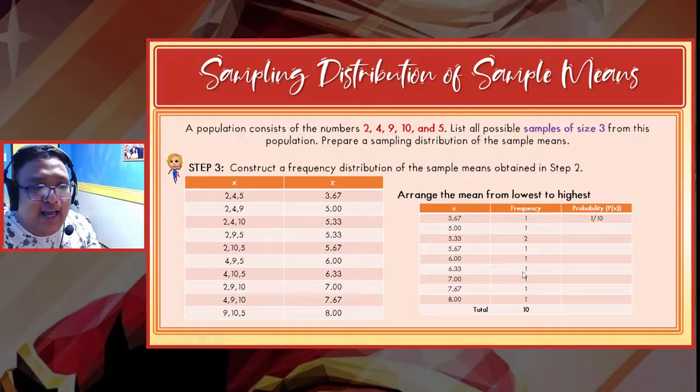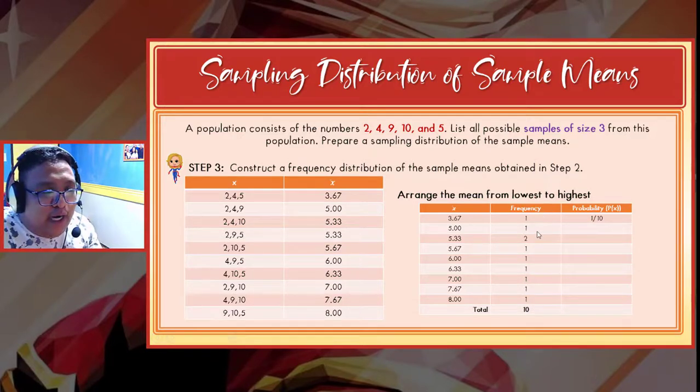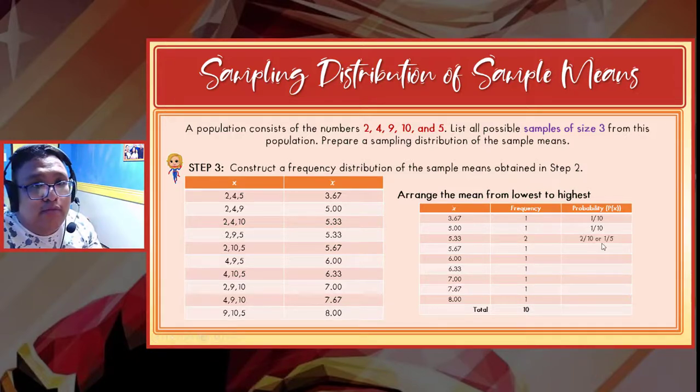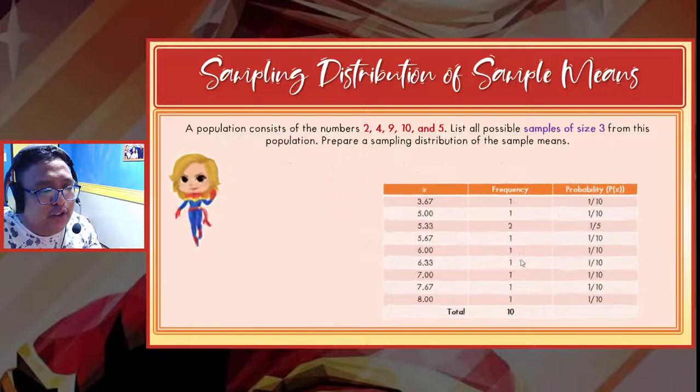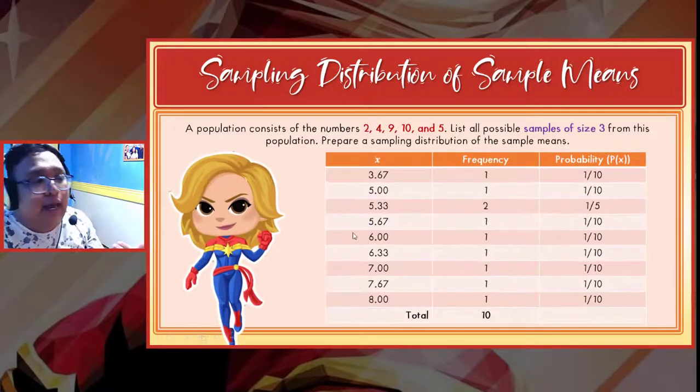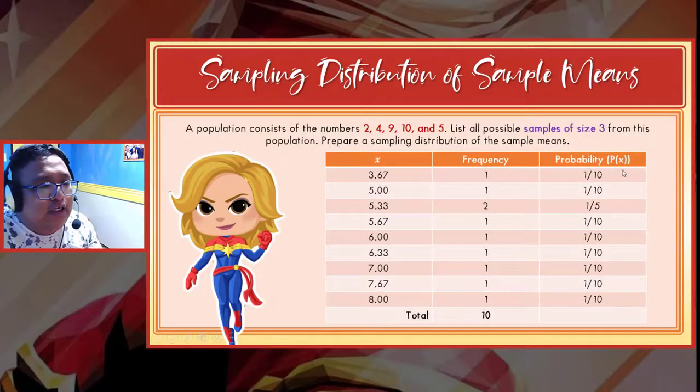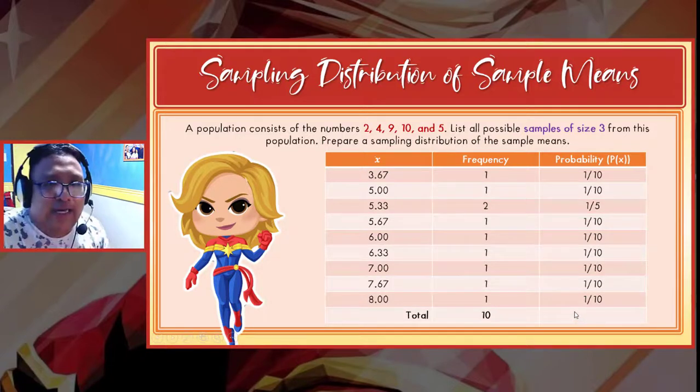So ganun lang siya. Then the next one would be 1 over 10 also. And then we have 2 over 10, right? Or we can convert it to its lowest term, 1/5. And then the rest would be 1 over 10 also, since 1 over 10 lang yan. And this is how our sampling distribution of sample means should look like.